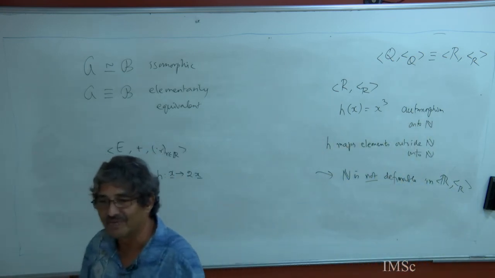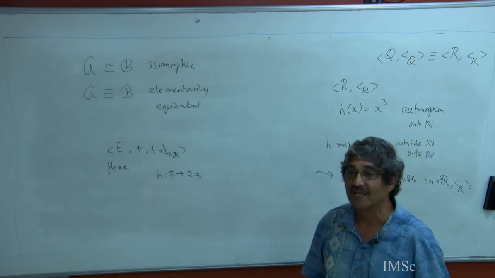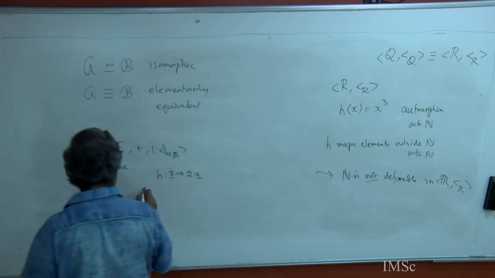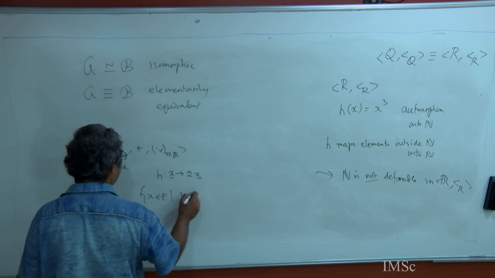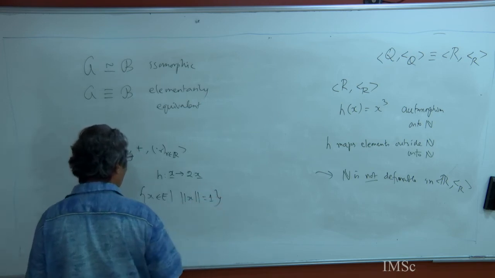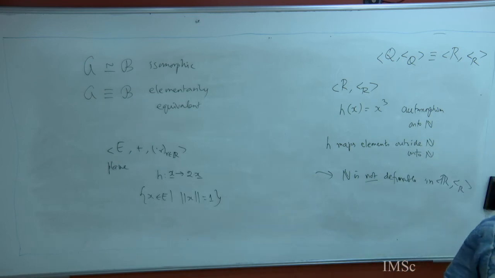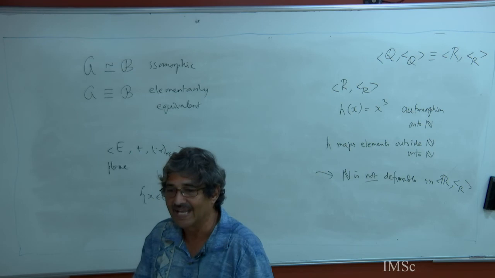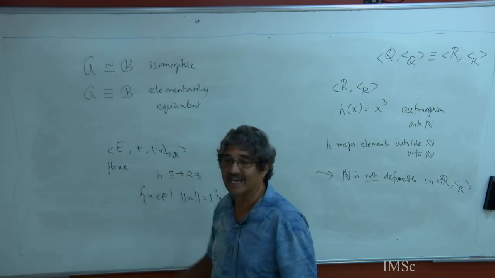Automorphisms on vector spaces are linear transformations, and this is just a linear transformation. So this tells me that the set of elements whose length is 1, the unit vectors, is not definable, and this is something that you find in texts. Length is not definable using addition and scalar multiplication.